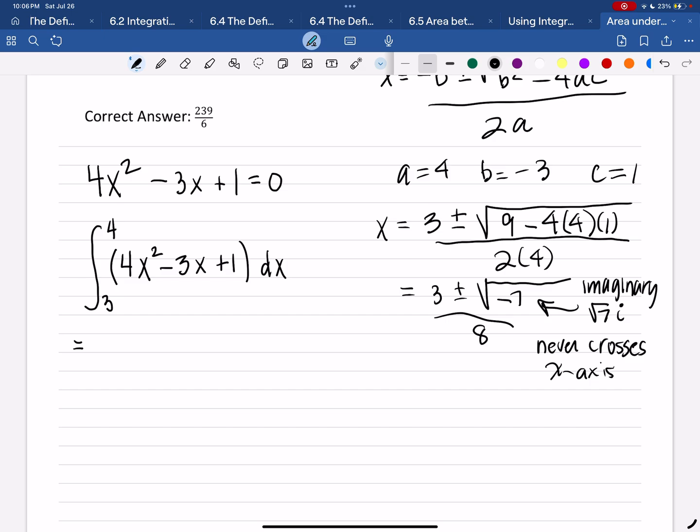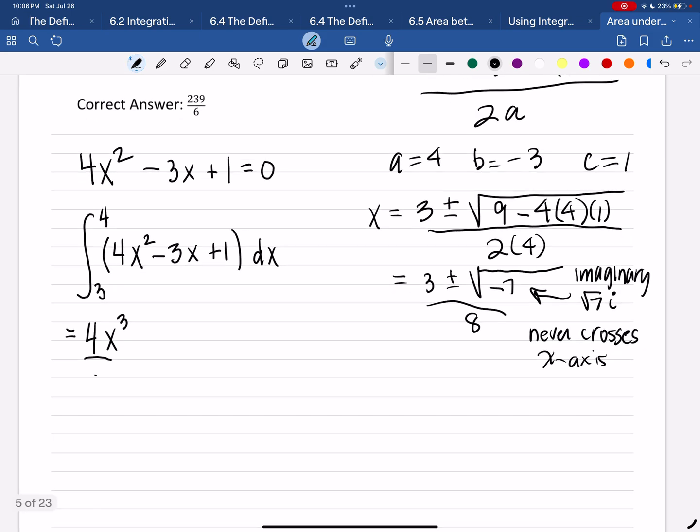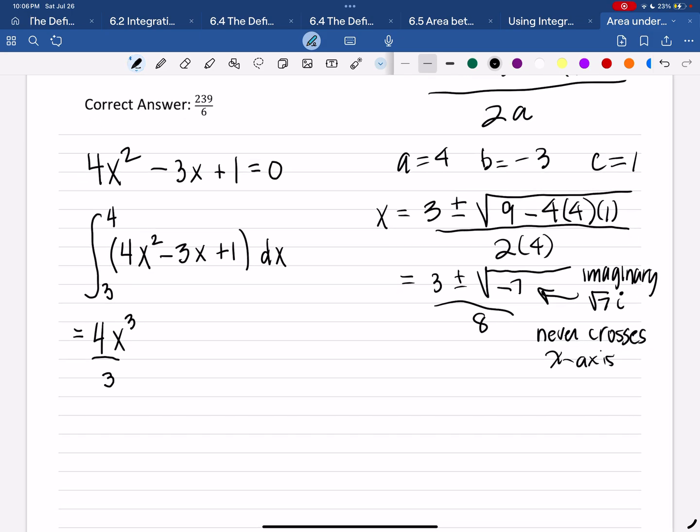So that's going to be 4x to the third over 3 minus 3x squared over 2 plus x, evaluated at 4 and 3. And so I'm going to have some fractions involved here. So I'm just going to use my calculator to do this.